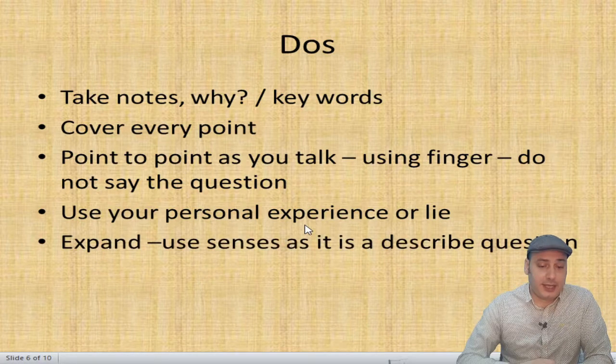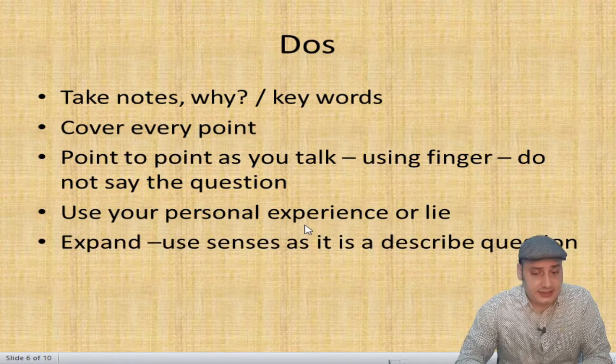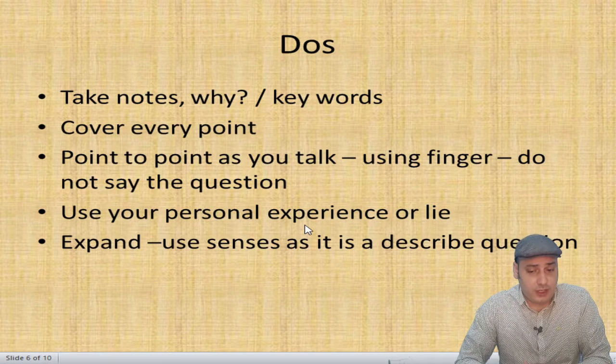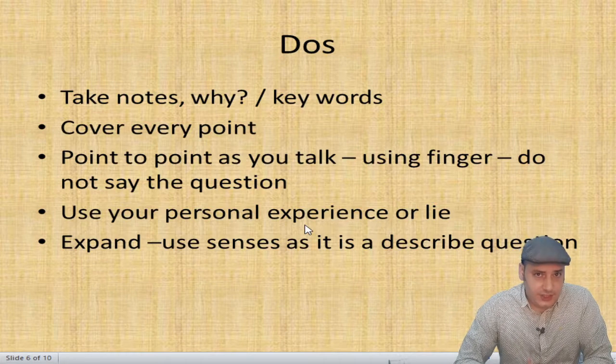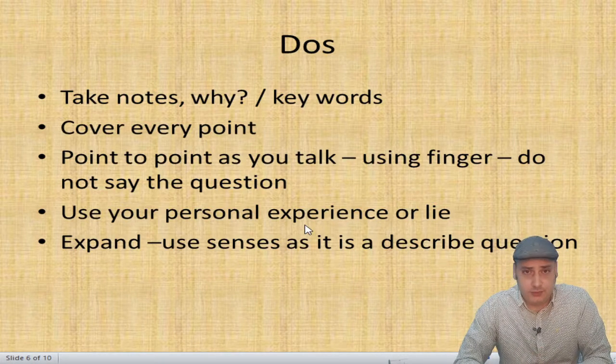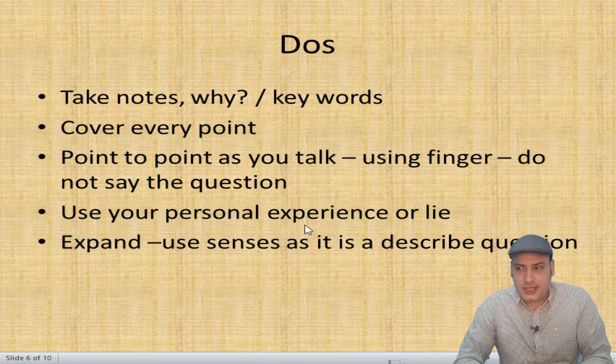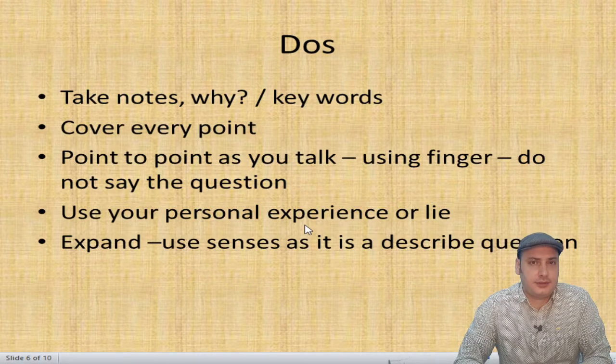Okay. Then expand. Use senses as it is a describe question. Expand your answer. For example, in the example of a museum, the first question was, when did you go? You don't say, for example, I went last week.